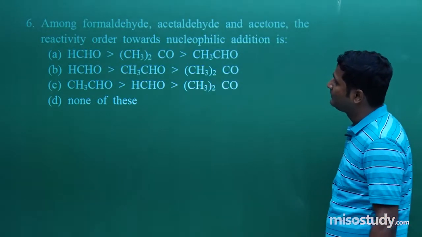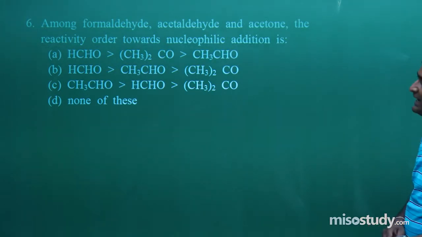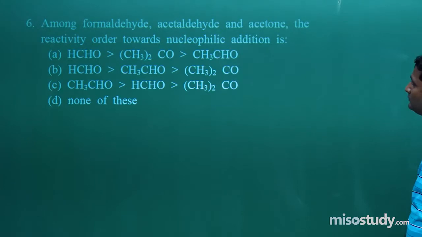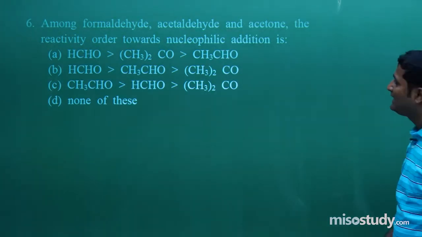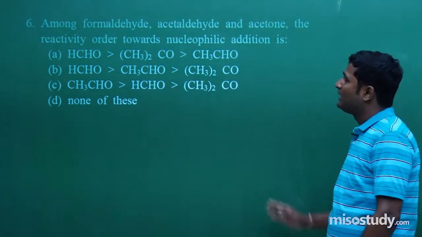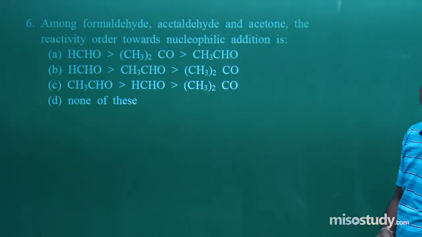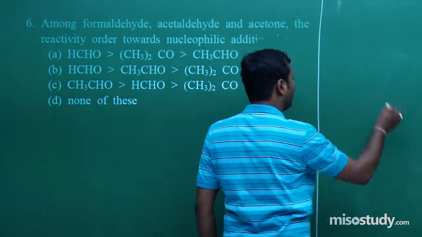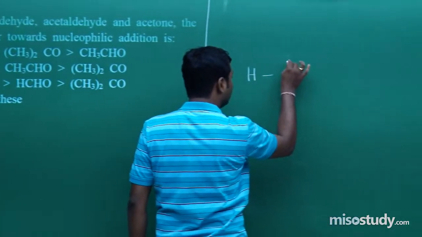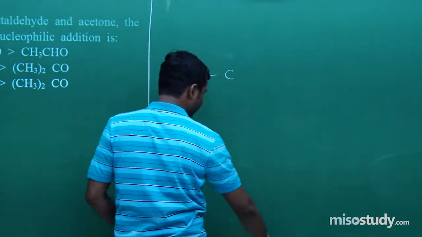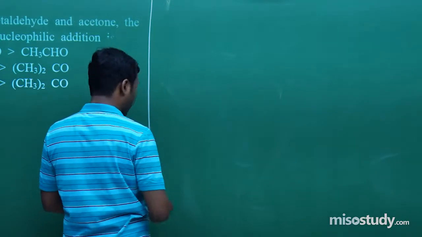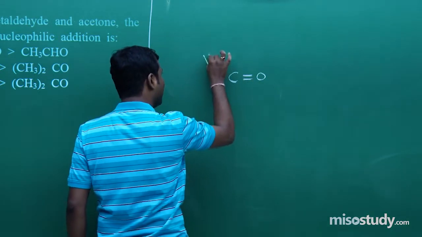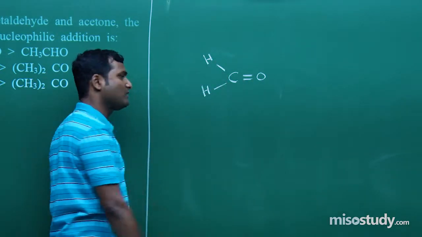Now next one, look at formaldehyde, acetaldehyde and acetone: the reactivity order towards nucleophilic addition reaction. Formaldehyde can be written like this: C double bond O, with H and H. This one is formaldehyde.